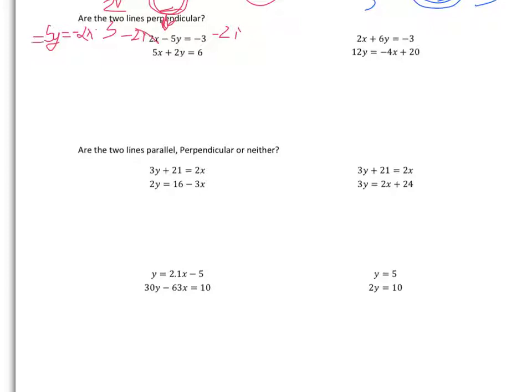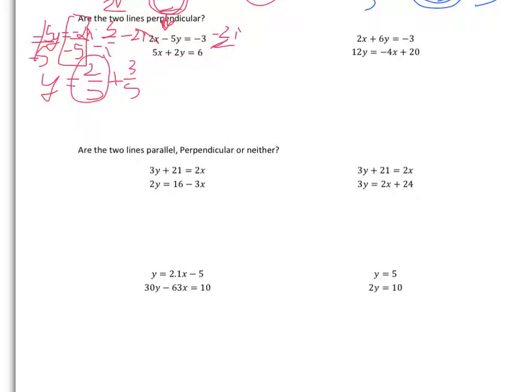Then divide everything by -5. Here these cancel. Now notice, this right here is going to be the slope. So we have y equals, negative divided by negative is a positive, 2/5x, and then finally we have a positive 3/5, because we have a negative divided by a negative. So 2/5 is the slope.